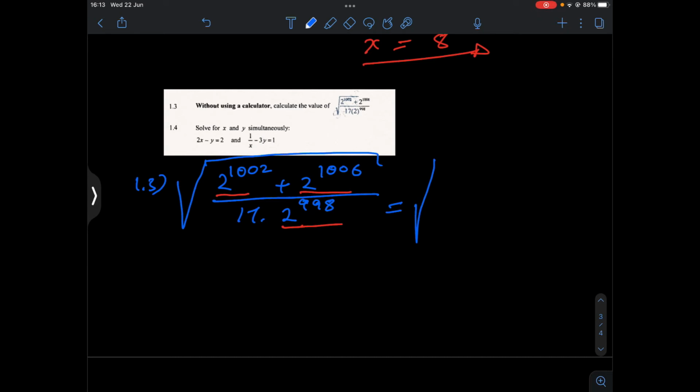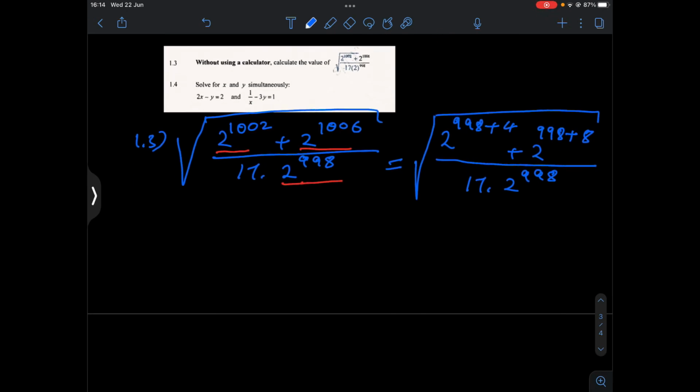So this one here, it will be 2 to the power of 998 plus, I have to add 4, the 1002, it's 998 plus 4, then plus the next one, 998, I have to add an 8 to it, so that 998 plus 8 gives you 1006, then divide by 17 times 2 to the power of 998.